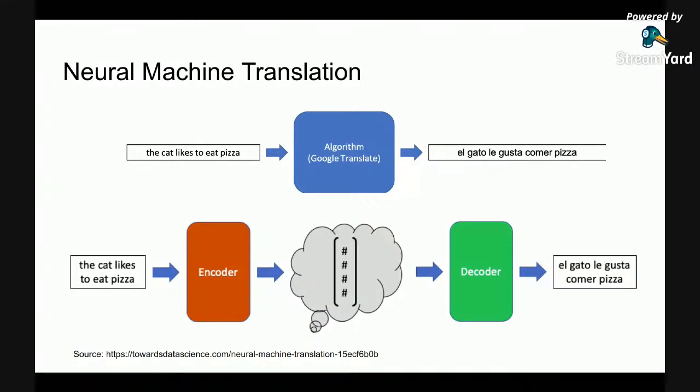The first version of this NMT, neural machine translation, was the encoder-decoder structure. As you can see in the picture, this architecture is composed of two recurrent neural networks used together to create the translation model.